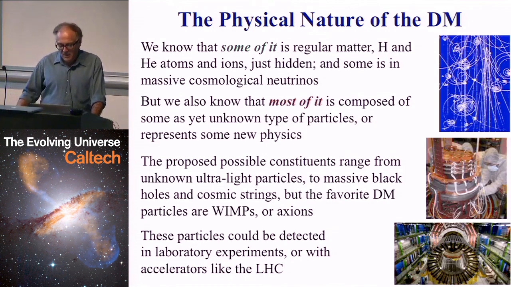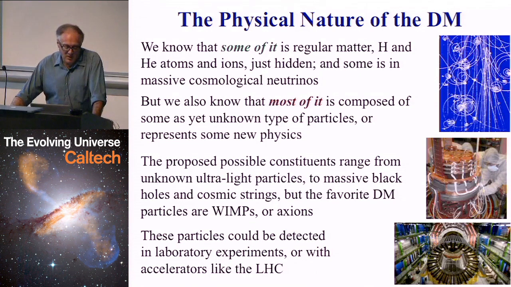And after many years and hundreds of different possibilities for what it could be, things have now narrowed down to essentially two types of hypothetical particles. One is called weakly interacting massive particles, or WIMPs, and the other one is called axions, and it's most likely WIMPs.